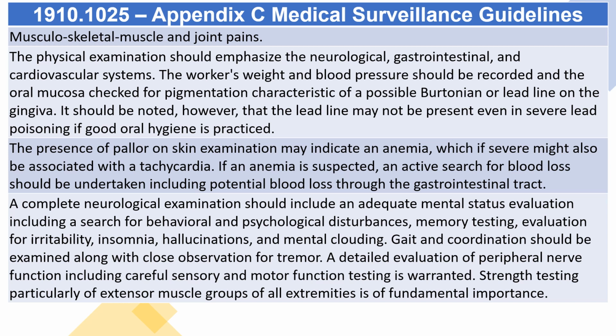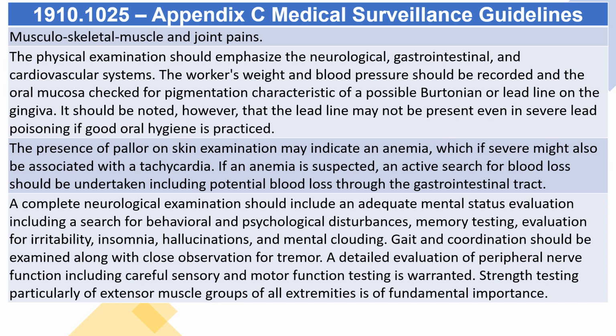A complete neurological examination should include an adequate mental status evaluation, including a search for behavioral and psychological disturbances, memory testing, evaluation for irritability, insomnia, hallucinations, and mental clouding. Gait and coordination should be examined along with close observation for tremor. A detailed evaluation of peripheral nerve function, including careful sensory and motor function testing, is warranted.